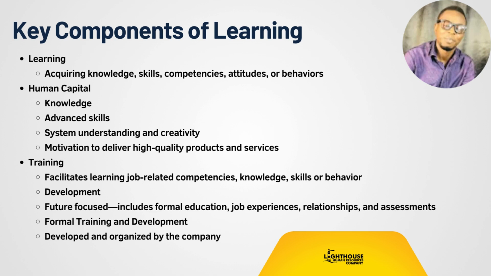So as we are saying, the key components of learning include learning, human capital, training, informal learning, explicit knowledge, tacit knowledge, and knowledge management. But the key thing that we need to know in this component is that everything sums up to increasing or improving the capacity of the employee.